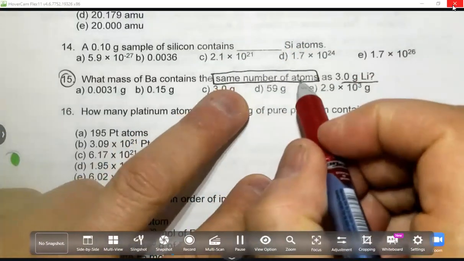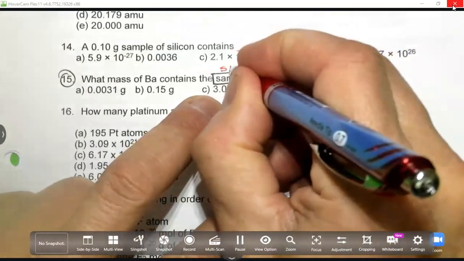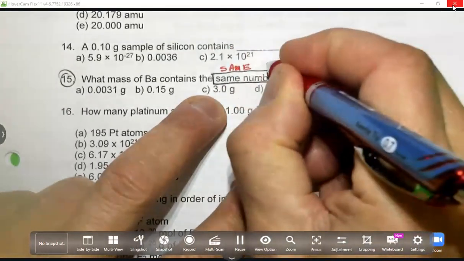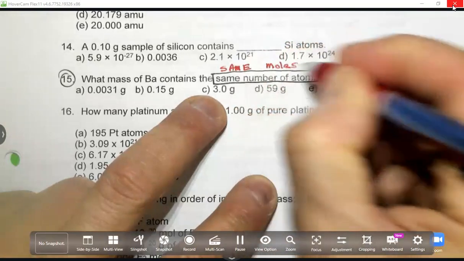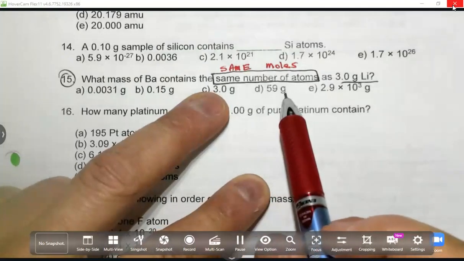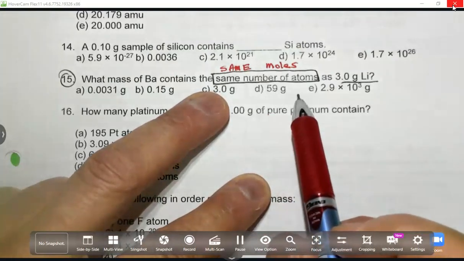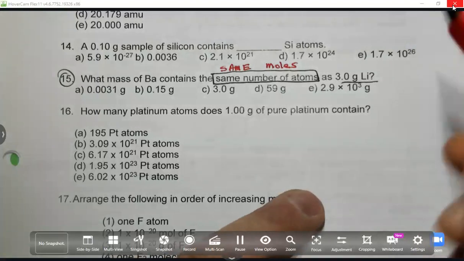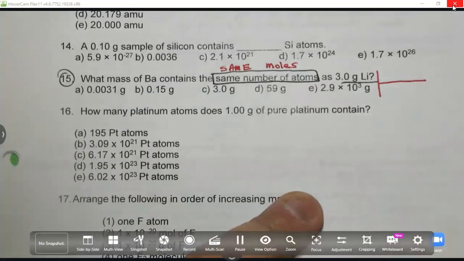This would be like saying the same number of moles. If you have the same number of atoms, it would be like saying you have the same number of eggs, it's the number of moles. So what we need to do is figure out how many moles of lithium we have right here.